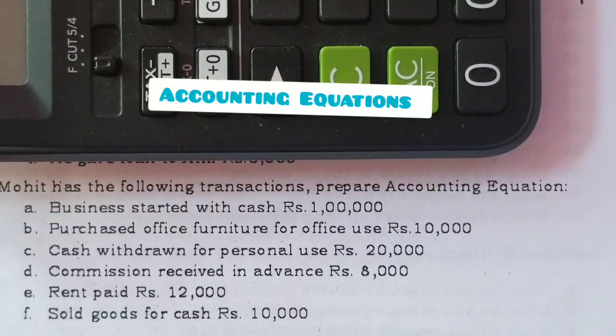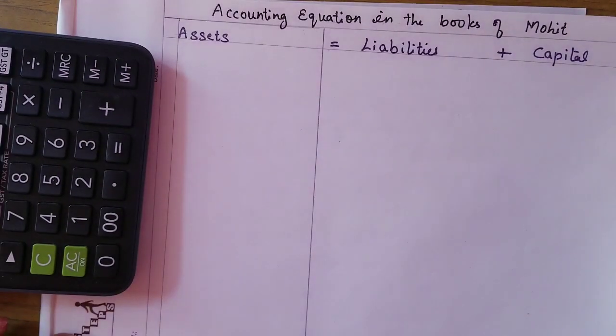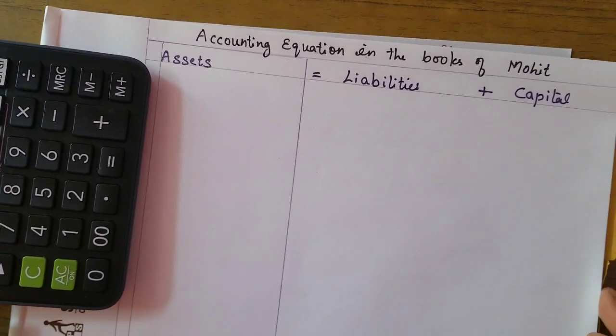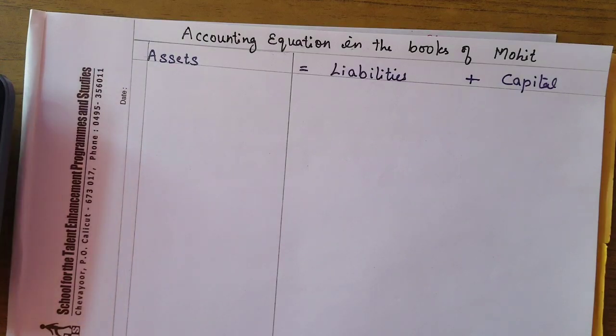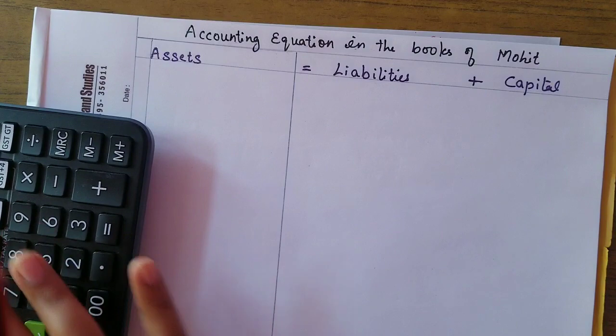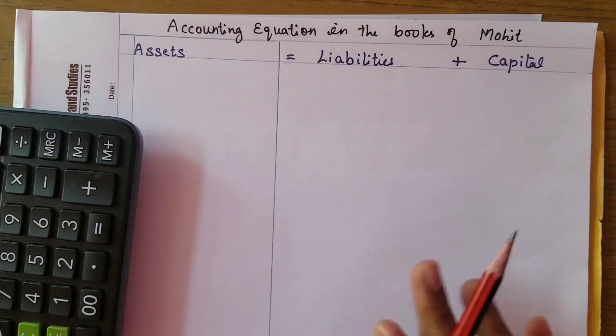Okay. Now let me show you the format for this. So we will be writing the accounting format in this way. While you are solving the accounting equations, please write it in this way, so it will be easy and convenient for you to understand neatly, and it will be in a good presentation.